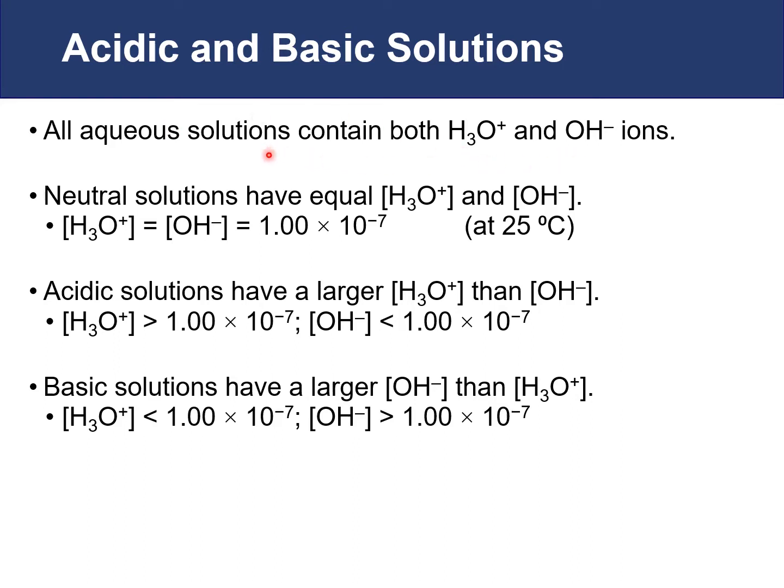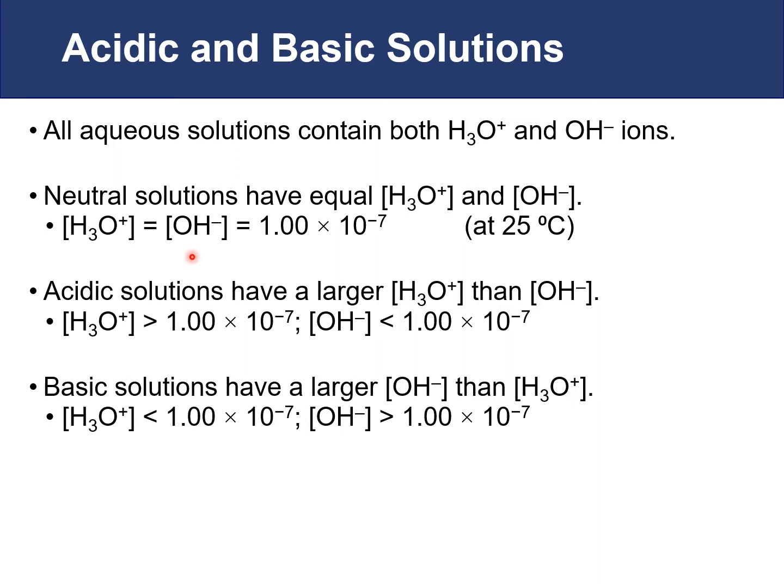Now, because water breaks apart to form those two ions, in neutral solutions, ones that don't have an acid or base added to them, the concentrations of the hydronium ions and the hydroxide ions are the same. At 25 degrees, the concentration in pure water is 1.00 times 10 to the negative 7th for each.